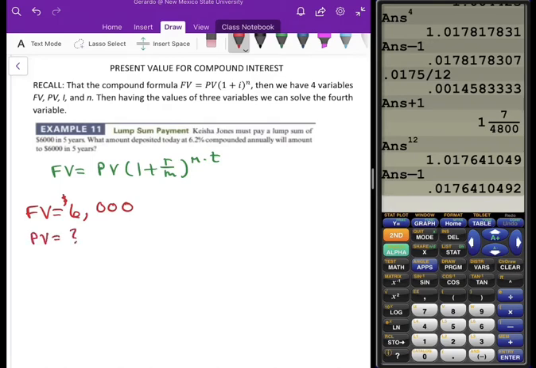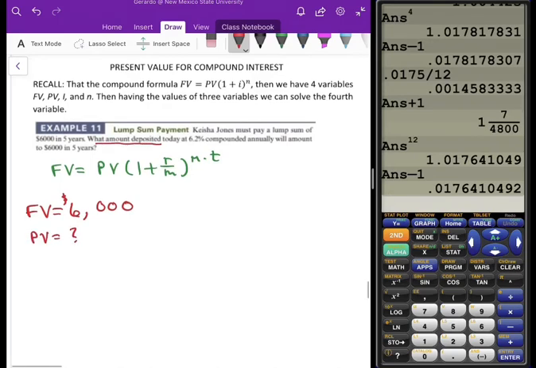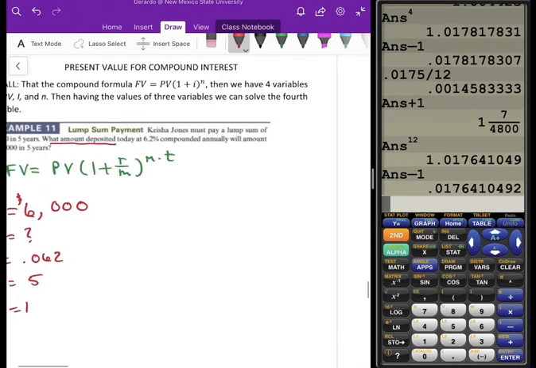And it says present value. That's what we're looking for, what amount deposited. Rate on this one is 0.062, and time on this one is 5 years. Compounded annually, that means that this is a 1.